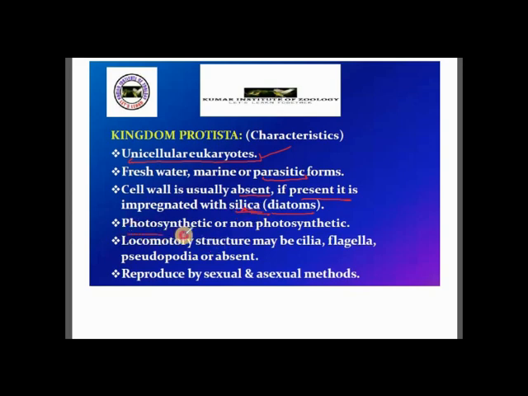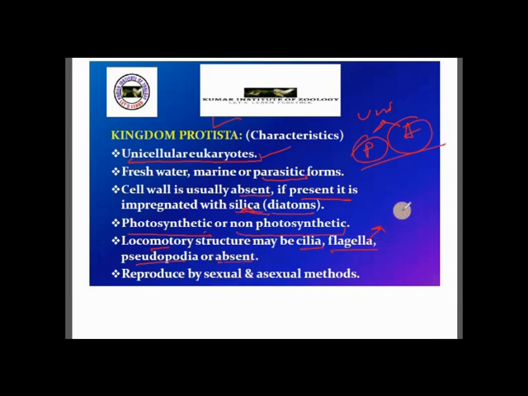They are photosynthetic in nature, or non-photosynthetic also. Look here, all unicellular plants and unicellular animals are being discussed now in the Protista. They are photosynthetic unicellular plants and non-photosynthetic unicellular animals. Locomotor organs may be cilia in the protozoa, flagella in Euglena, and pseudopodia like in the amoebas, or may be absent.